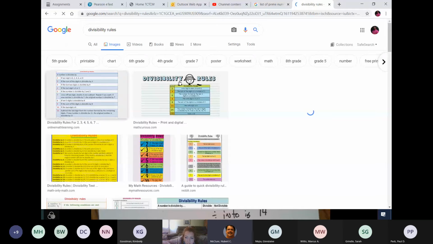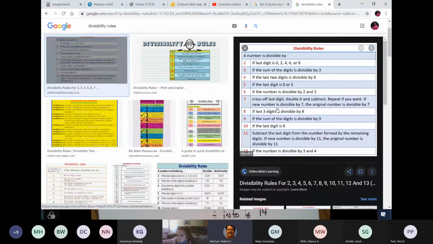And I told Miss Grindle yesterday after class, yesterday meaning Wednesday, to take a black magic marker and mark out 4, 6, 8, 9, 10, and 12, because those are all composite numbers and they're not going to help you in this section. Okay? So make sure you mark those off.